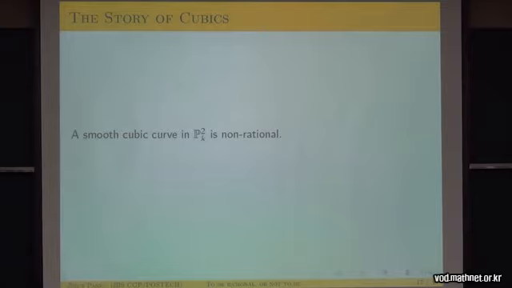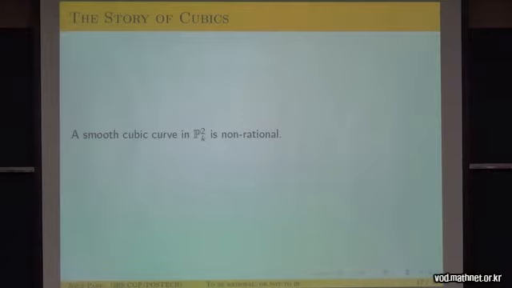The first statement is this: a smooth cubic curve in P2, which is defined by a cubic polynomial in 3 variables, is non-rational.